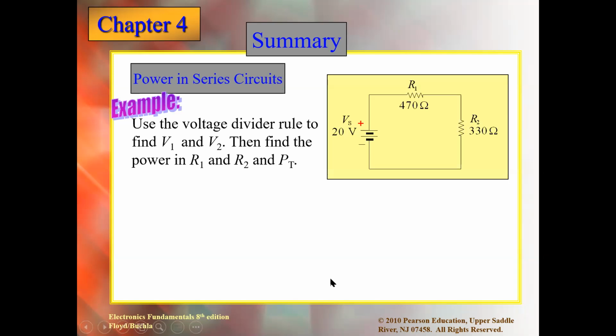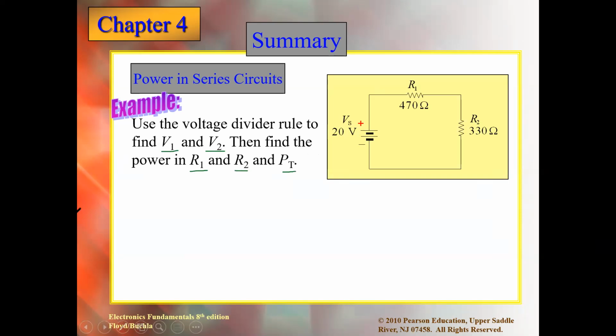Okay, let's move to the next now. Look at this question, guys. Use the voltage divider rule to find V1 and V2. Then find the power in R1 and R2 and then PT, the total power.